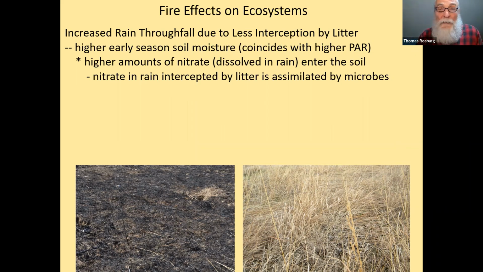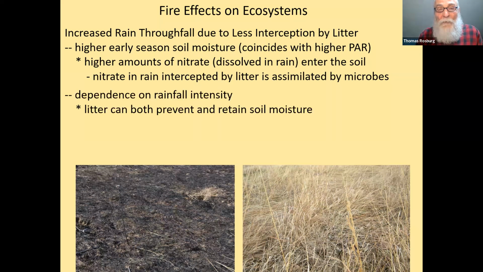And then if that rain enters the soil, the nitrate enters the soil. But if that rain is intercepted by litter, like on the right side here, the nitrate in the rain intercepted by litter is going to get assimilated by microbes that are in that litter. That nitrogen is not going to get to the soil until those microbes die, and then it's not sure how much of that will actually get to the soil. So that's an important factor in terms of the nitrogen.